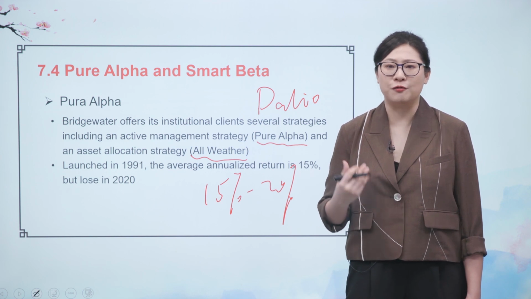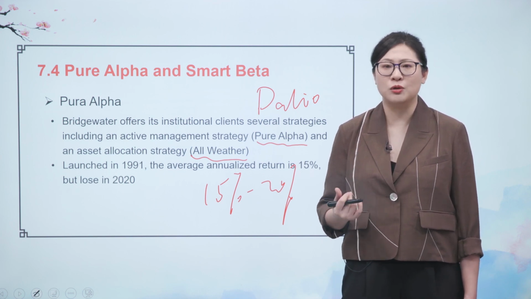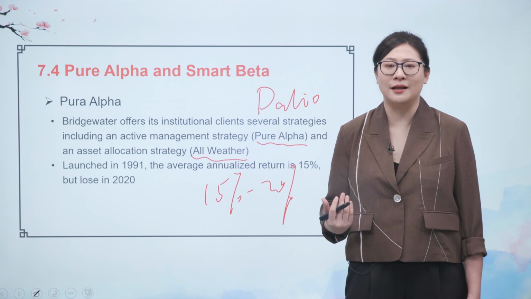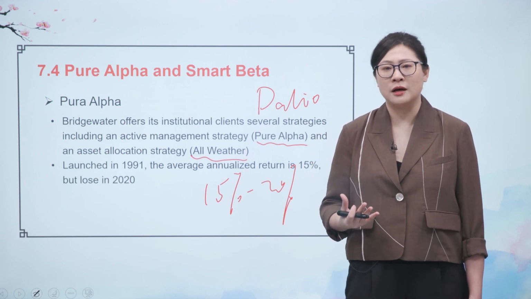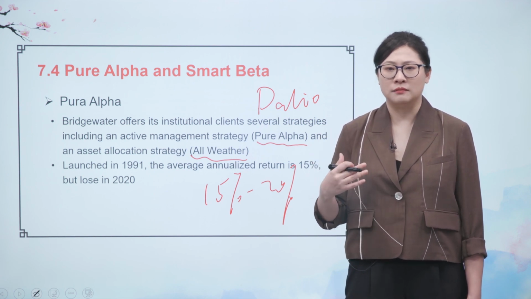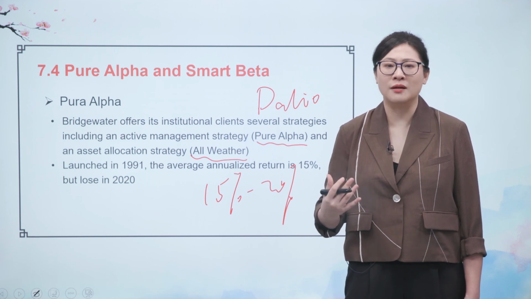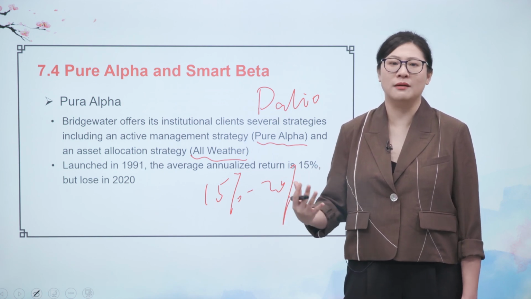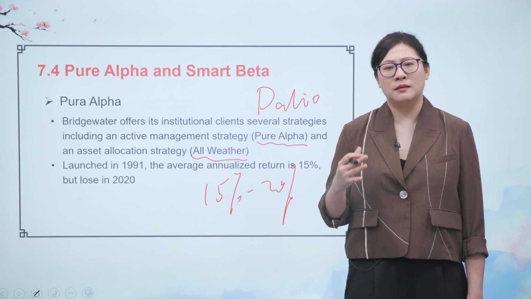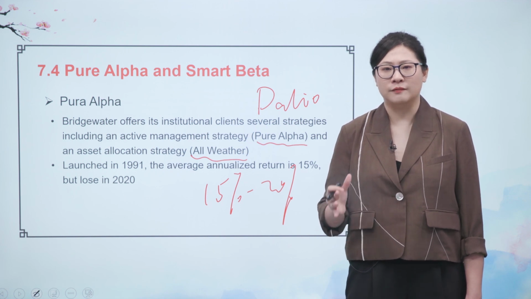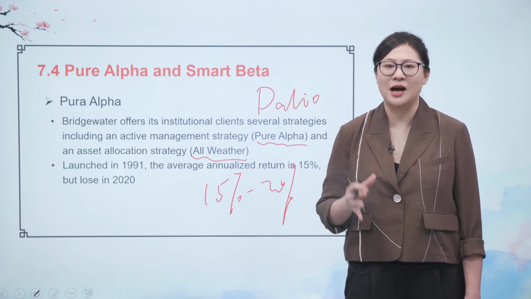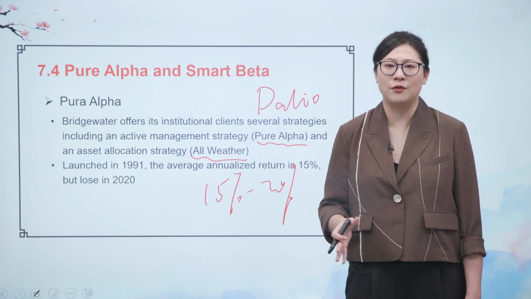Therefore, lots of foreign hedge funds and mutual funds are coming to China, like Bridgewater, Two Sigma, and BlackRock, to explore that higher return in China. So in these 2 years, foreign investment in the Chinese stock market has been very important.